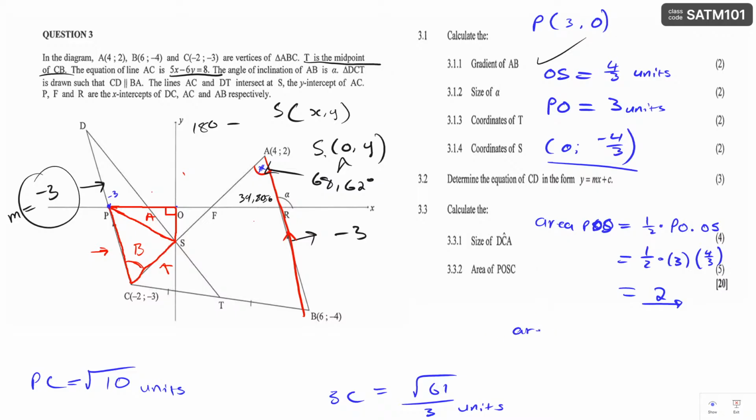So let's try the second one. It's going to be the area of the second triangle, which is PCS, is going to be 1 over 2 times length PC times length SC times sine of the angle, which is PCS.